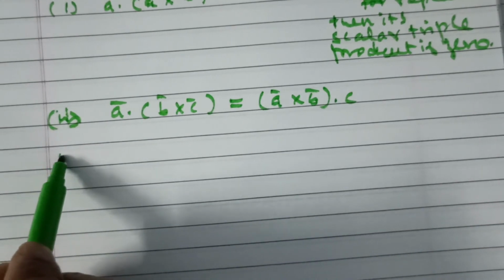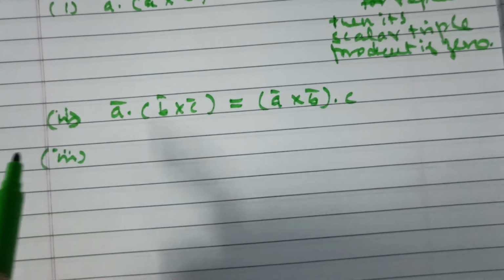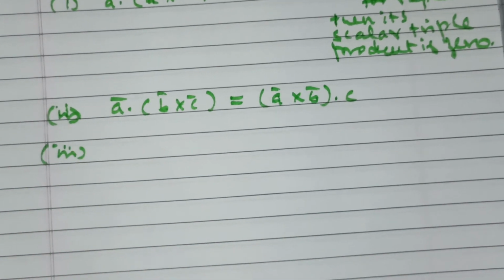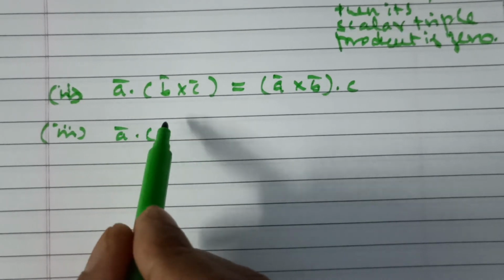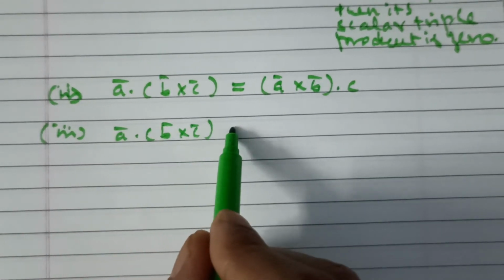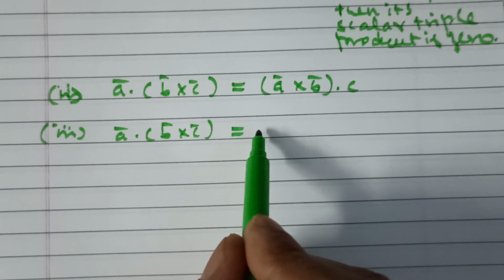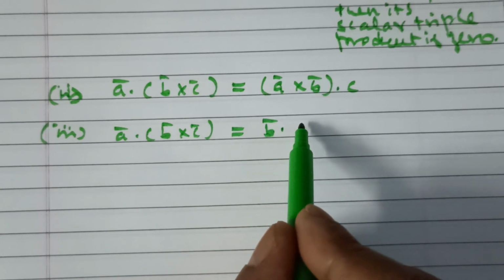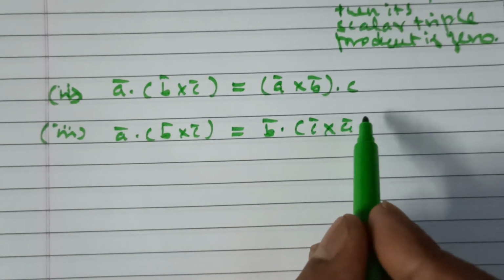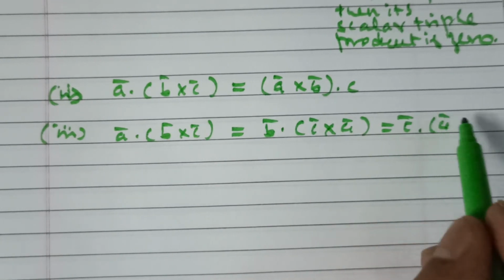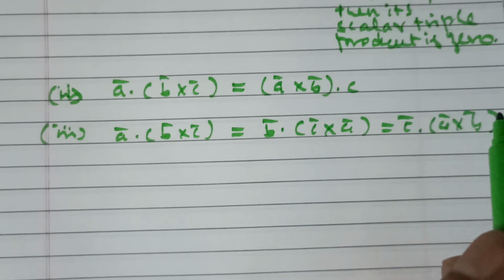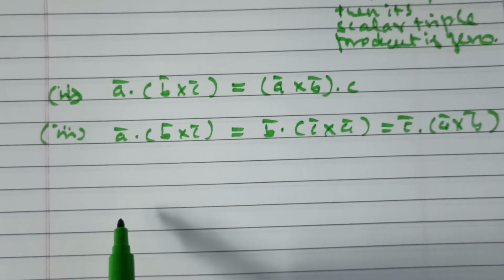Next, third one, A bar dot of B bar cross C bar in cyclic order is equal to B bar dot of C bar cross A bar is equal to C bar dot of A bar cross B bar. All will have the same values.